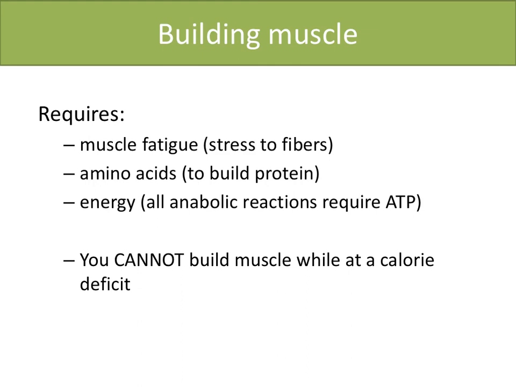And then, of course, you need the anabolic reactions, in other words, putting things together into new protein that requires ATP. It turns out that if you're trying to lose weight and trying to put on muscle at the same time, you can't do it. You have to do one or the other. Either burn fat or build up muscle.